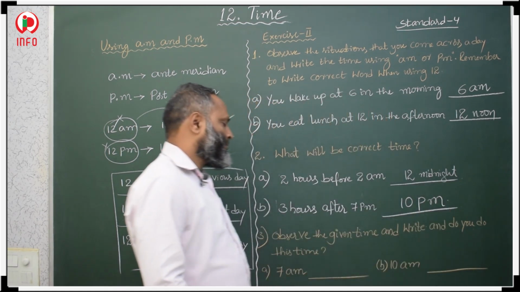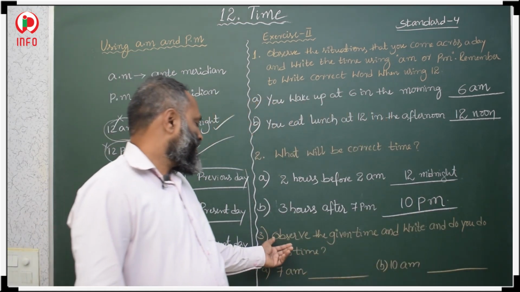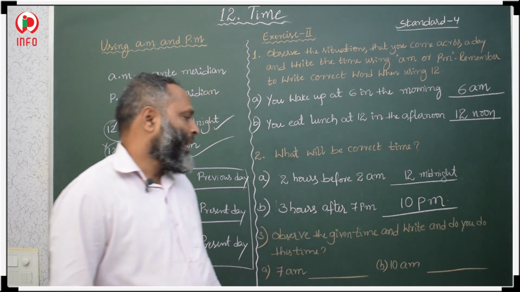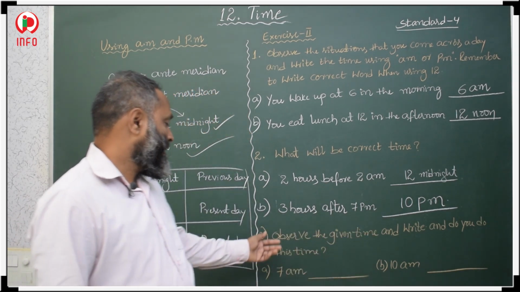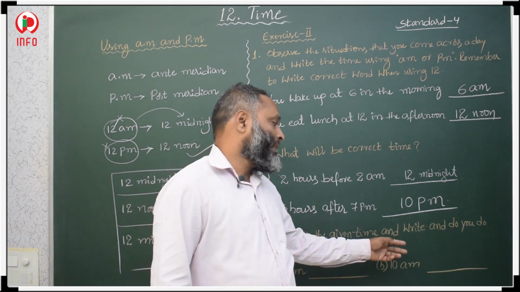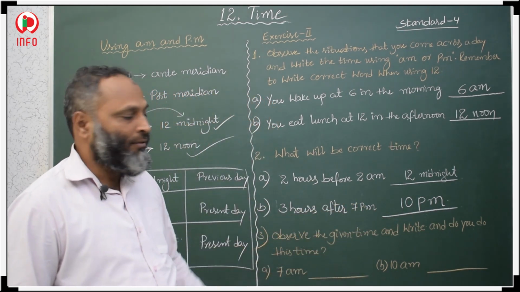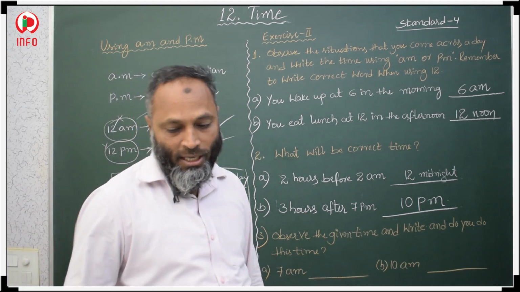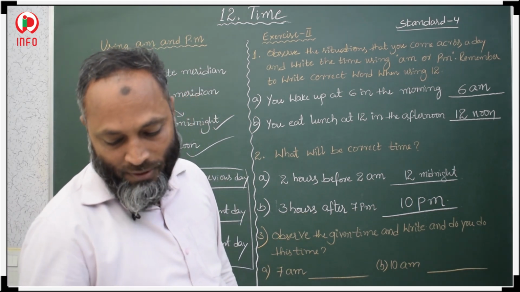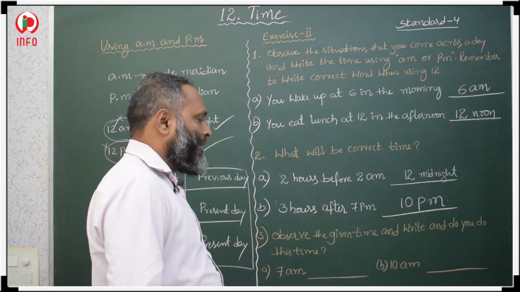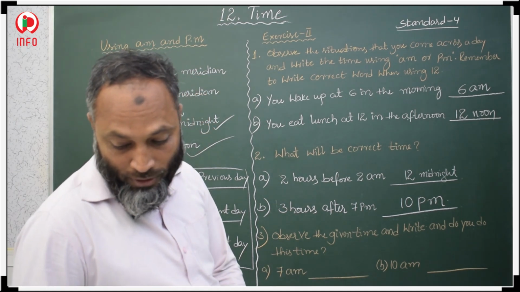Okay. Now the third one: observe the given time and write what you do at this time. So here the time is given, so observe the following time and write what you do at that time.